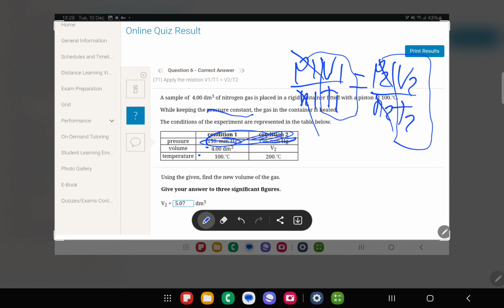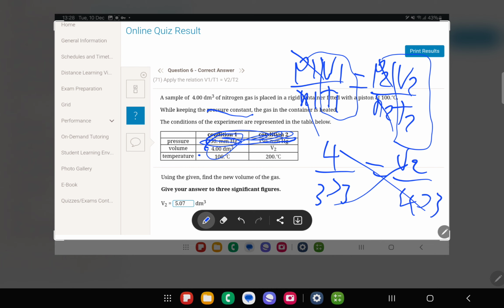V1 is 4 here, so 4 over T1. We change it to Kelvin. Remember, guys, don't put it as Celsius. So it's going to be 373 equals V2, the one we're trying to find, over 200 Celsius, we make it to Kelvin, so we add 273, it will be 473.